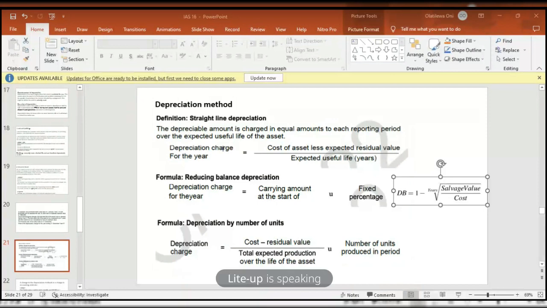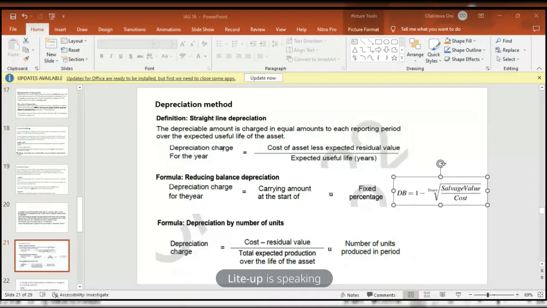From year 1 to year 4, it's going to be this 12,000, and then from year 5 to year 8, it's going to be 28,000. That's it.